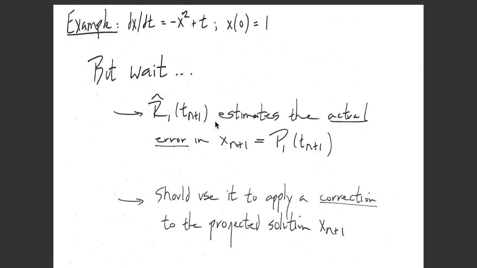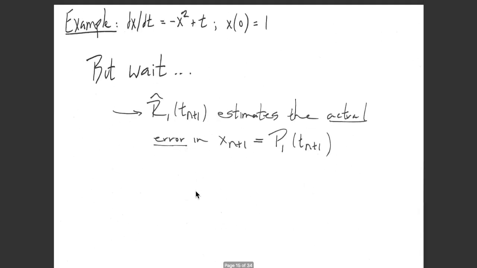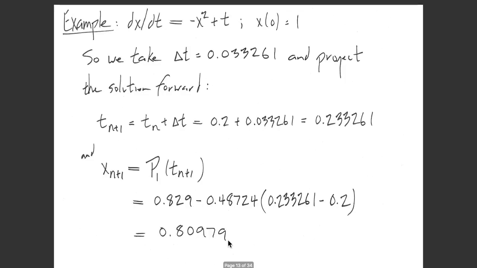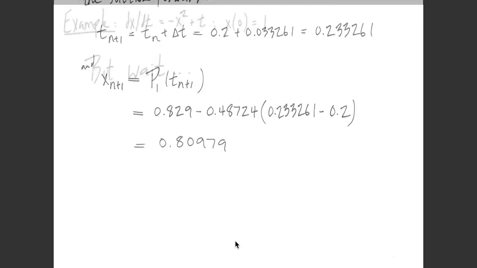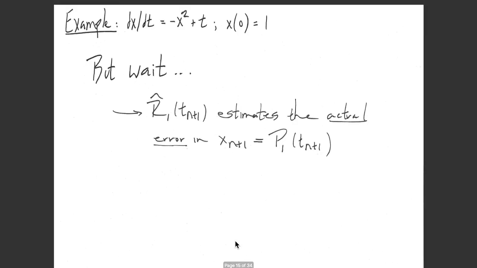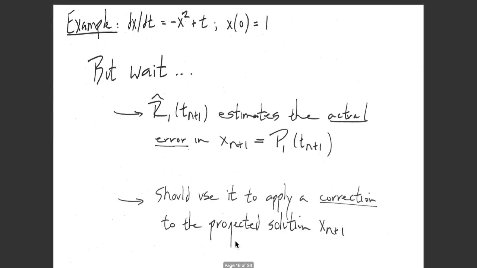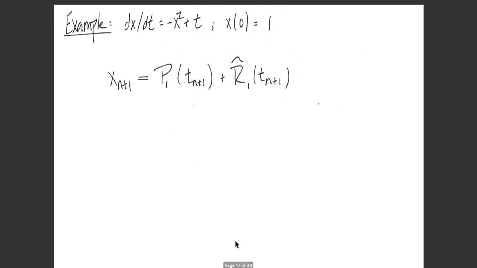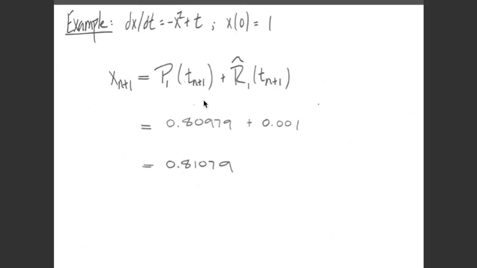After all, if my projected solution were 0.80979 and I estimated an error of positive 0.05, I could add that in and I should get a better estimated solution. So that's exactly what we're going to do. Instead of just taking the projection from the Taylor polynomial, let's add our estimate in for the error and hopefully get a more accurate solution. So that's what we're doing here.